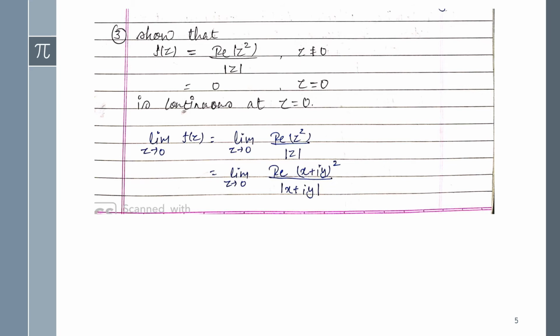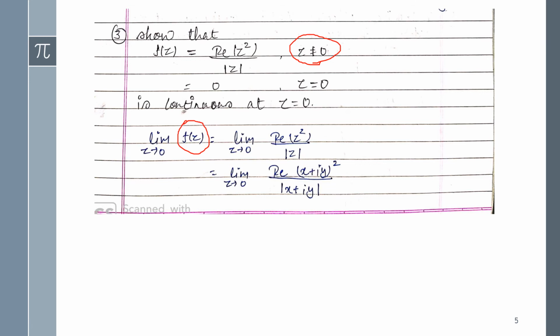So here you can see that the limit is given in the form z tends to 0. So the function's limit will be again 0 as z tends to 0. In place of z0 we will write 0. So limit z tends to 0 f of z equals limit z tends to 0, and here you have to put the function f of z, which is given as real part of z square upon mod z.